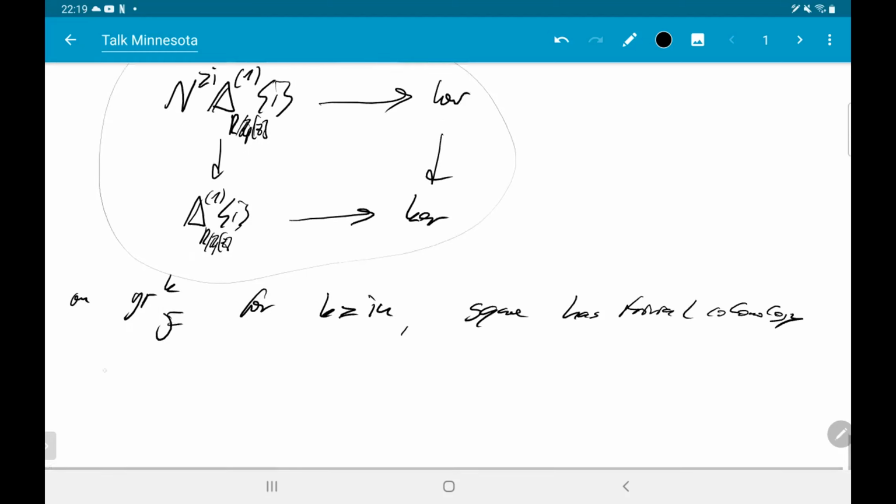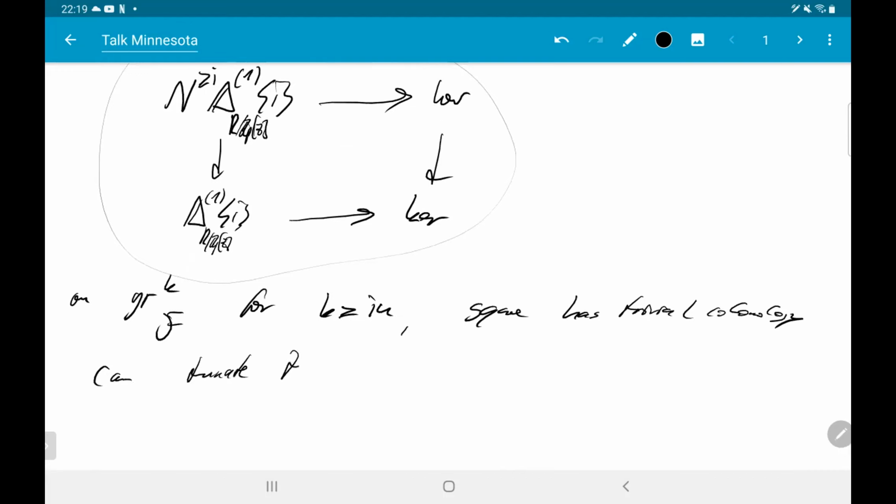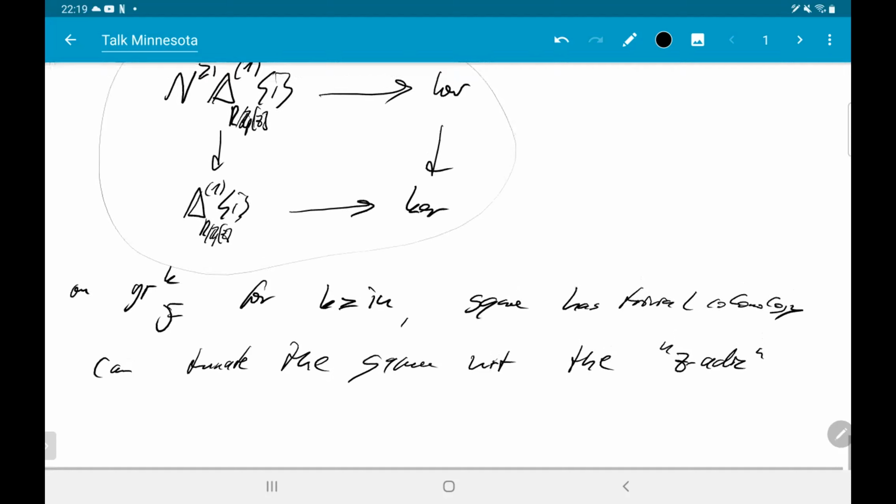And so we can truncate the square, all the terms in it, with respect to the z-adic filtration, although it's a refinement of that.